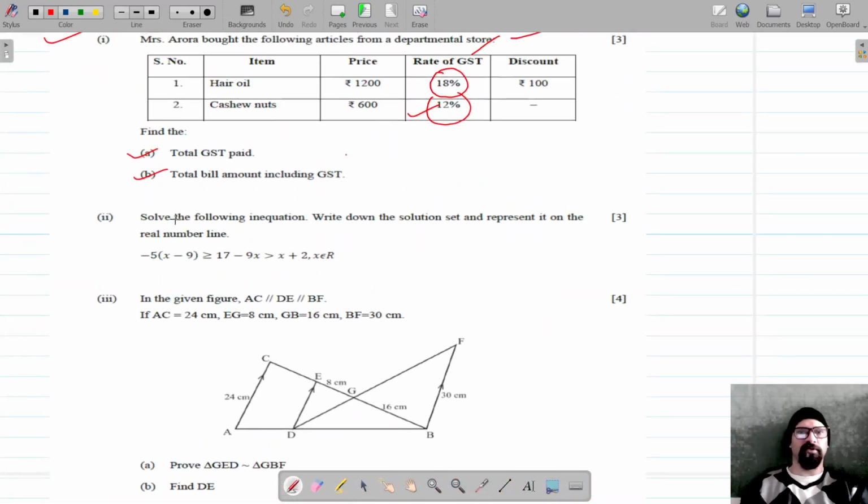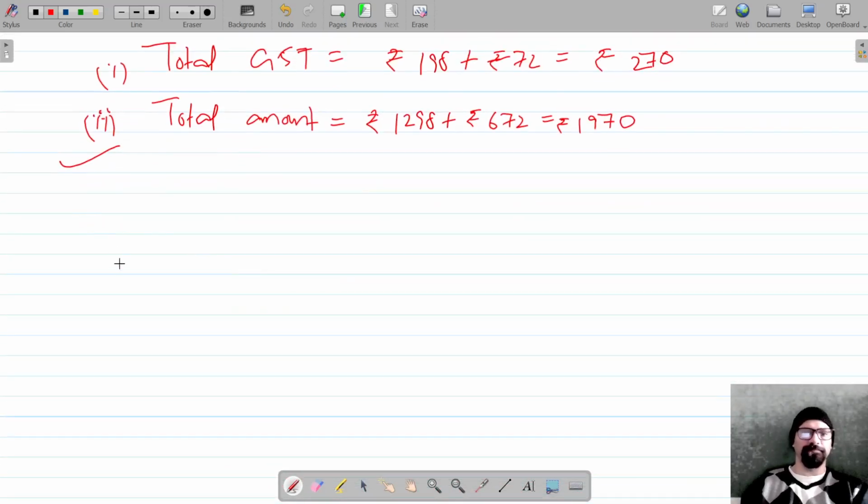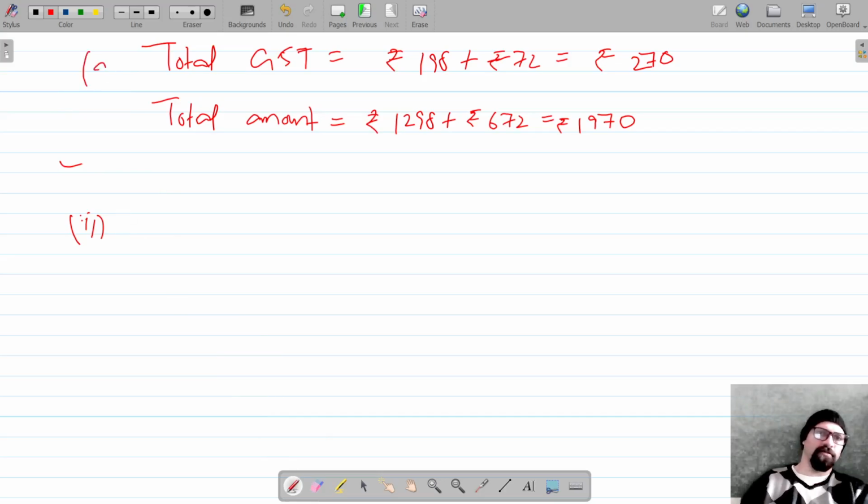Moving on to the second one, we have to solve the following inequation and write down the solution set on the number line. So this is part 2 of this question. These were the subparts of part A. So let me name this A, and B. Okay, for the second one, let me write down the inequality.